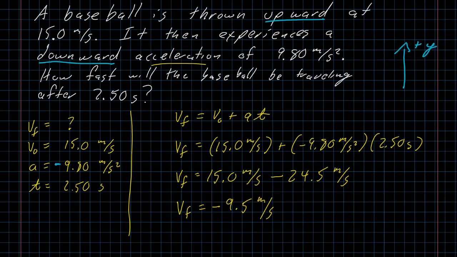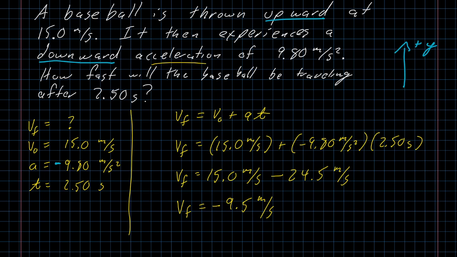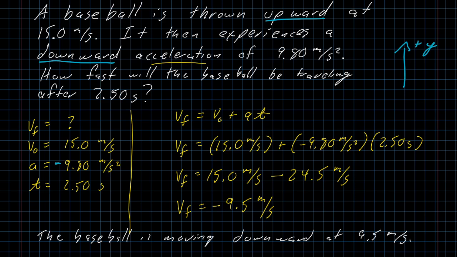And it's negative, so the baseball is going downward. The baseball is moving downward at 9.5 meters per second.